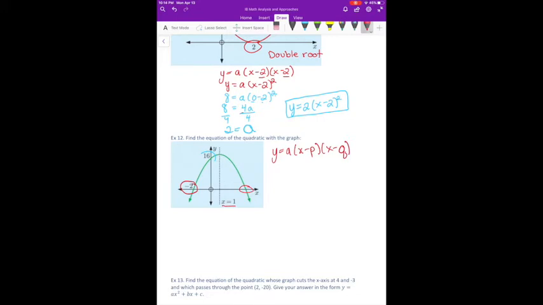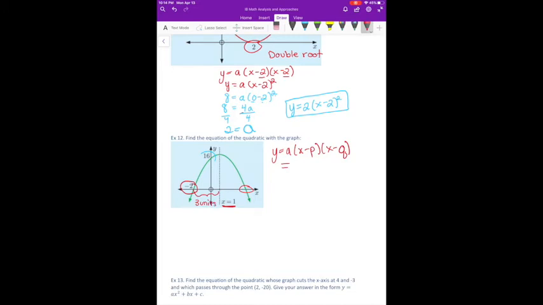Alright, so for that, what we're going to do is, well, we know that x equals 1 is the exact middle of the graph. So between negative 2 to 1 is 3 units.